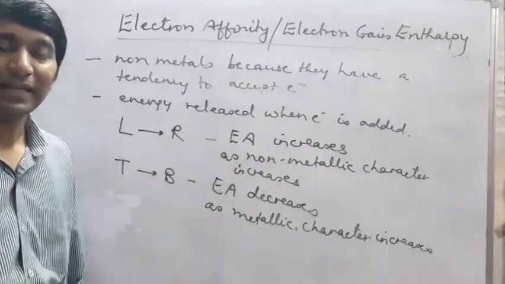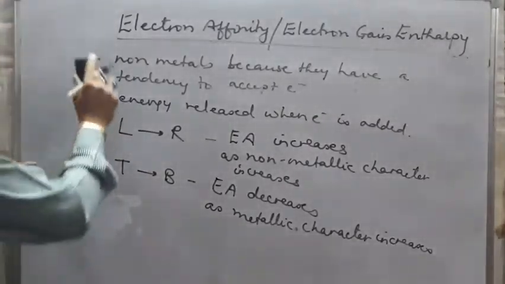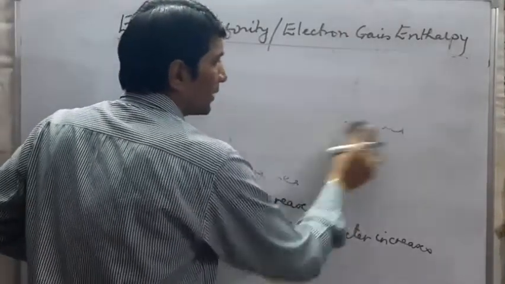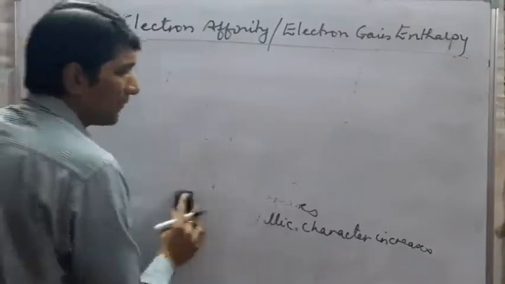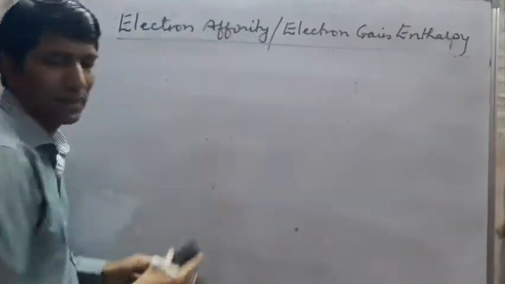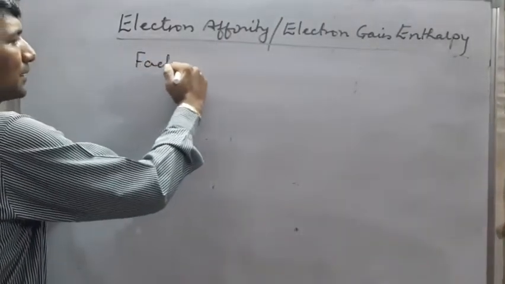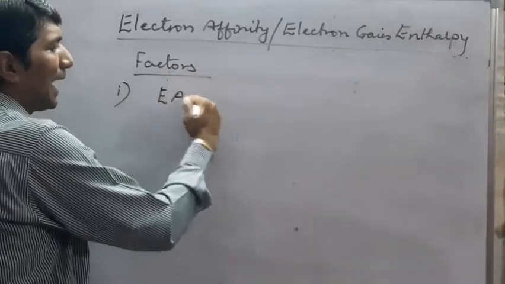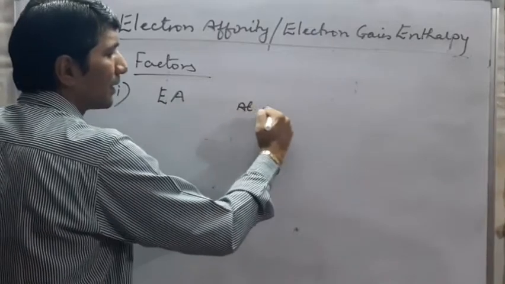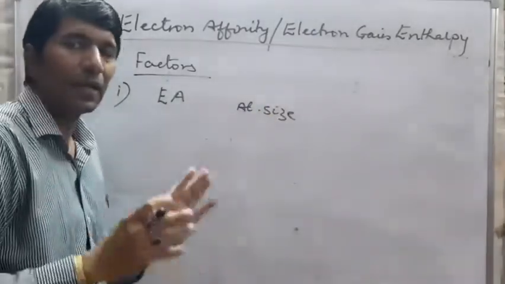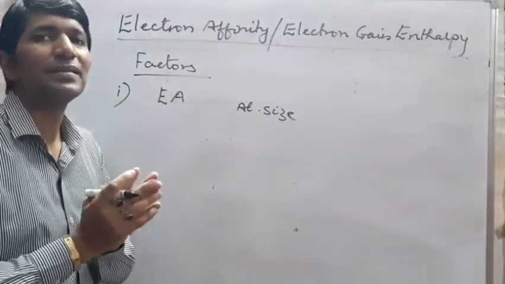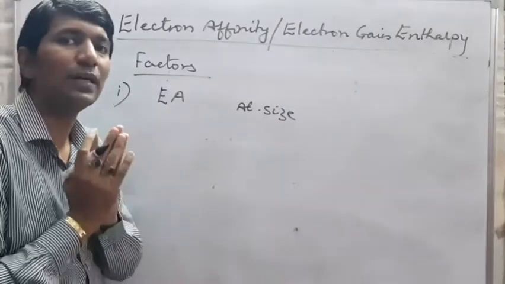Now let's understand the factors which impact the electron affinity. The first factor we can talk about is atomic size. If the atomic size is small, that means the nucleus is pulling the valence electron to a greater extent.